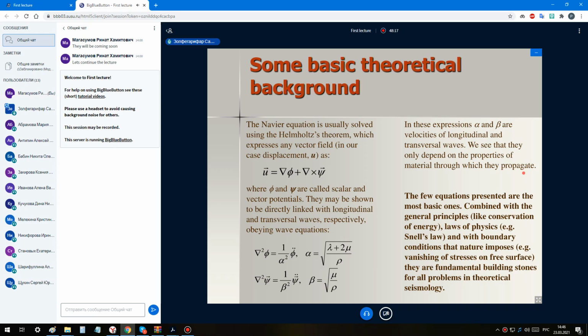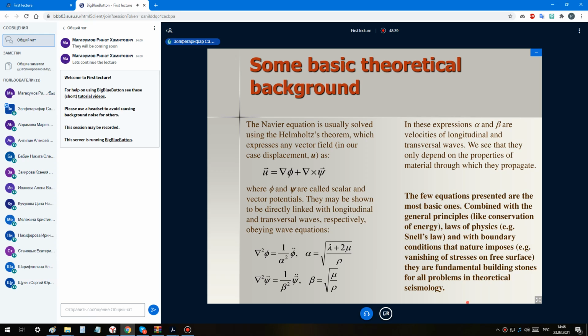In these expressions, alpha and beta are the velocities of longitudinal and transversal waves. We see that they only depend on the properties of the material through which they propagate.